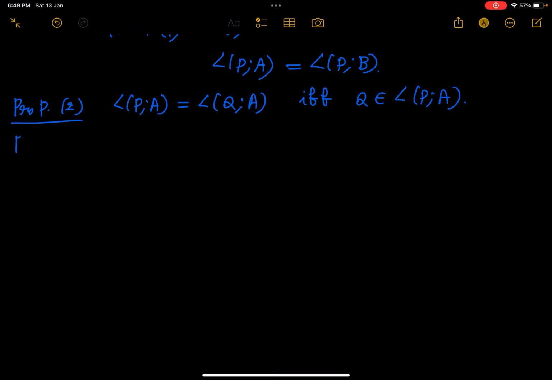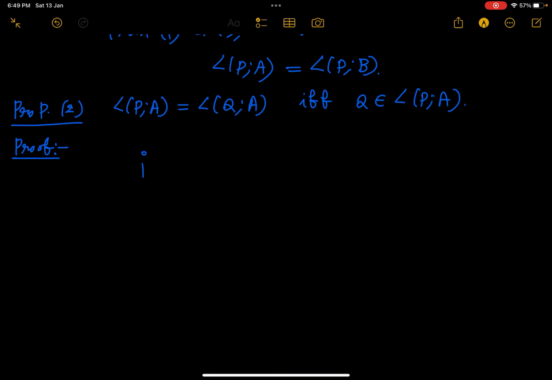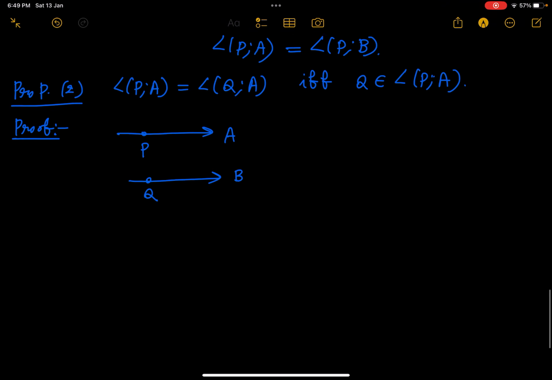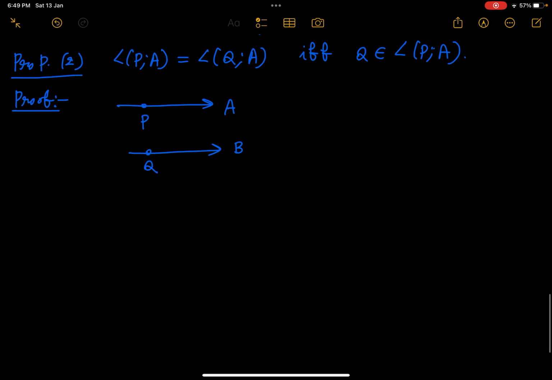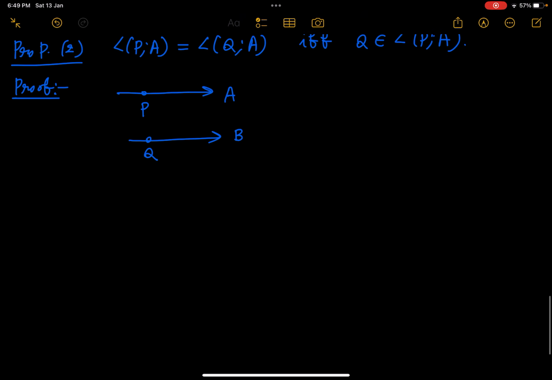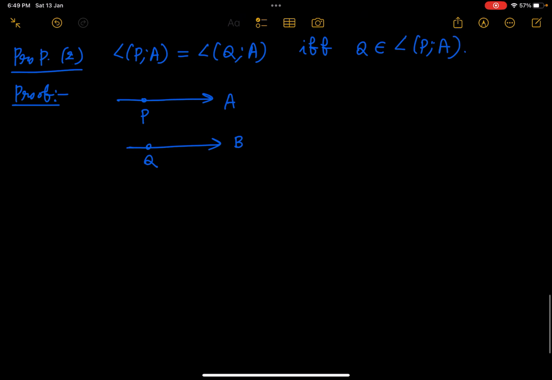So what is the proof? What is the idea first? We have two different points. This is P, let's say this is the line L of P comma A, and we have some other point Q with the same direction A. Now it says these two lines will be equal if and only if Q is in this set.